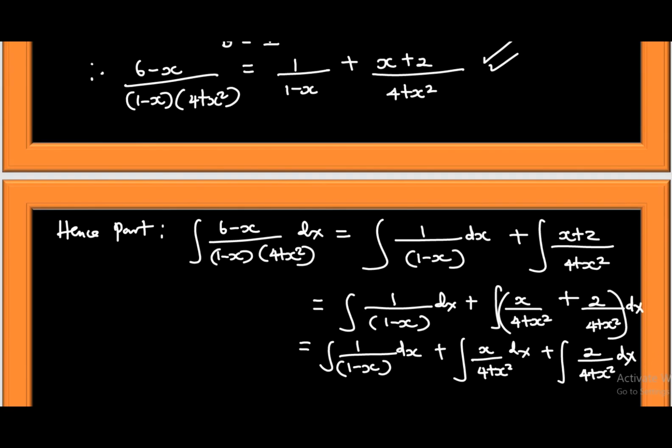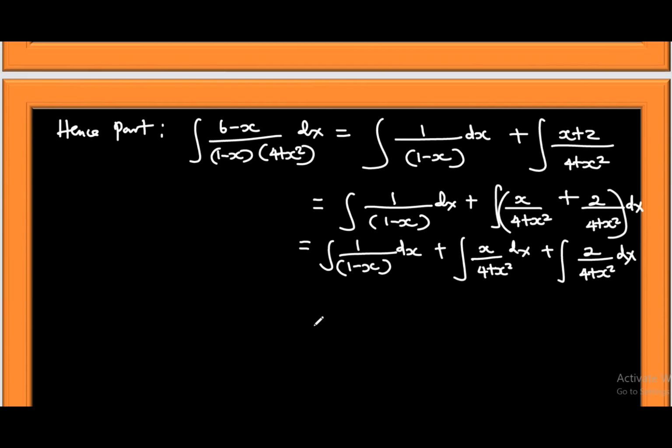And I have explained how to integrate each of these. The first integral will give us a natural logarithm, but remember it must be a negative of it, simply because when you differentiate 1 minus x, you get negative 1. So you use the change of variables carefully, like it was demonstrated in the previous tutorials. You will get this answer.